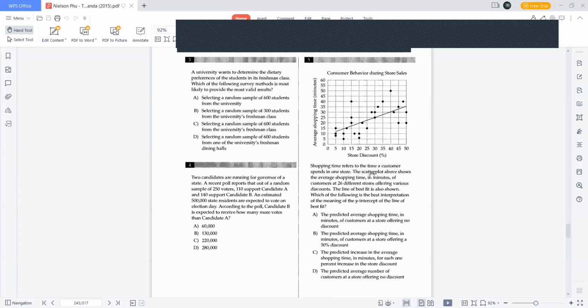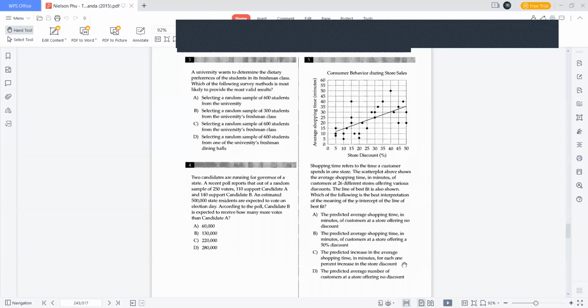B, talking about 50% discount, that is way up here. That is not a y-intercept. Y-intercept is where x equals 0, okay? C, the predicted increase in the average shopping time in minutes for each 1% increase. Can anyone tell me what that would actually be? This figure right here, what is this describing? I'm asking if it's a slope.